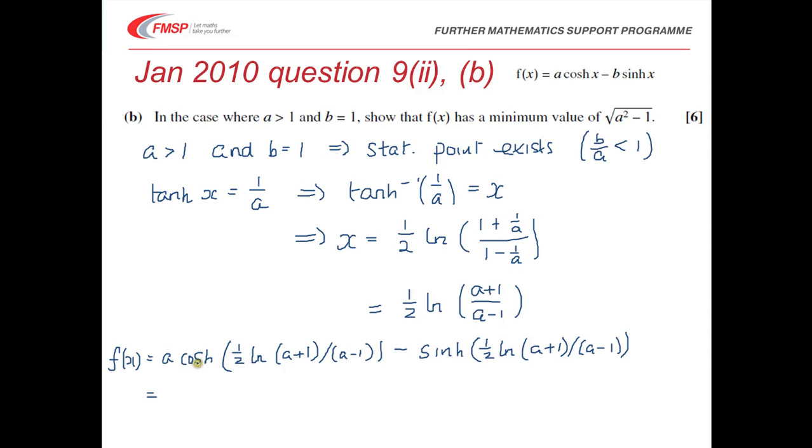And what we need to do now is we need to use the fact that we have the definition for cosh. The cosh function, remember, cosh of x is a half of e to the x plus e to the minus x. So we're now going to put this in exponential form, and of course once we do that we're going to be using the inverse property of exponentials and logs.